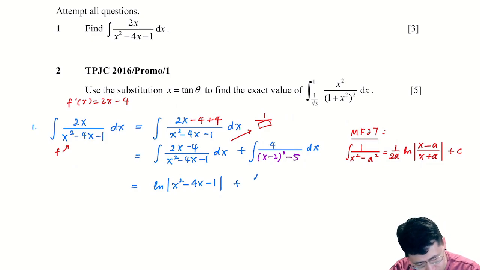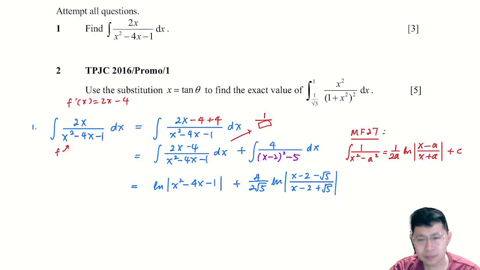On top is 4, so 1 over 2a. The a over here is root 5, so actually it will be 2 root 5. Then ln of, the numerator, x minus 2 minus root 5, and at the bottom x minus 2 plus root 5. Because we've already integrated, we put a plus c.